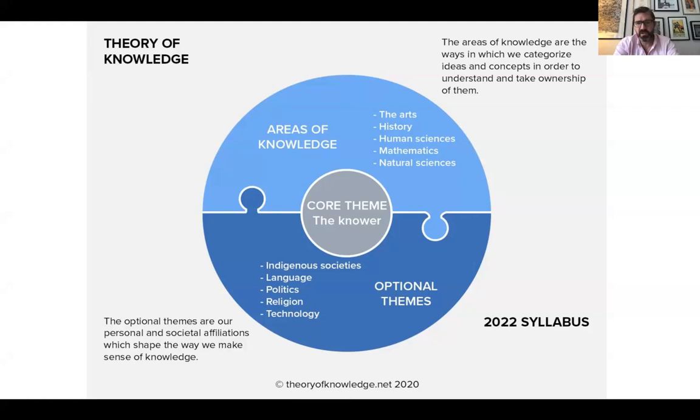All students should develop knowledge of at least 2 of the optional themes, although personally I think we should be touching on all 5 of those things as well. And then in the middle, we have the core theme, knowledge and the knower, which is really how we personally respond to knowledge and how we process knowledge and how we bring all these different elements of the course together to make sense of the world.